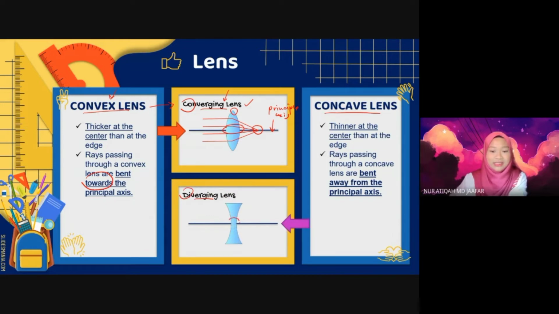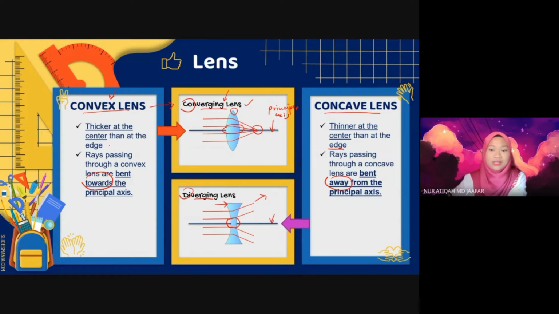You can see that the center is thinner than at the edge. This is the edge. Different from convex lens, which is thicker at the center. Rays passing through a concave lens are bent away from the principal axis. This is the keyword: bend away.